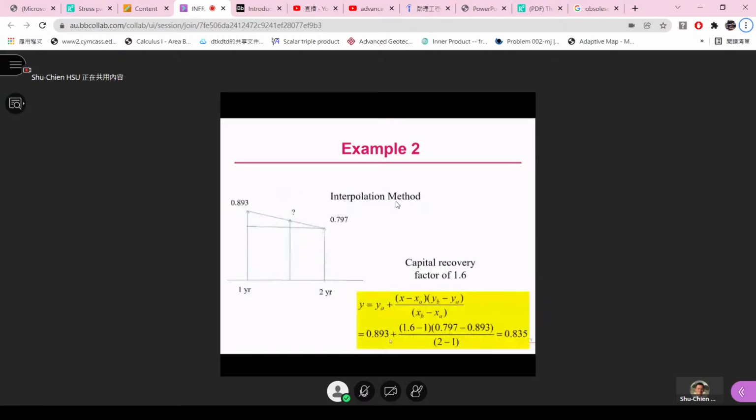And then we will get the value equal to 0.835. So remember, I already mentioned several times about this linear interpolation method. You can just follow this to get those kinds of values. Even for the IRR, you can also do that. Just do linear interpolation.